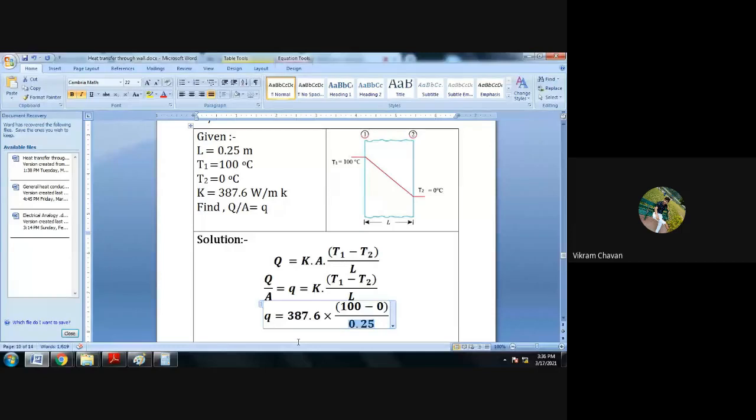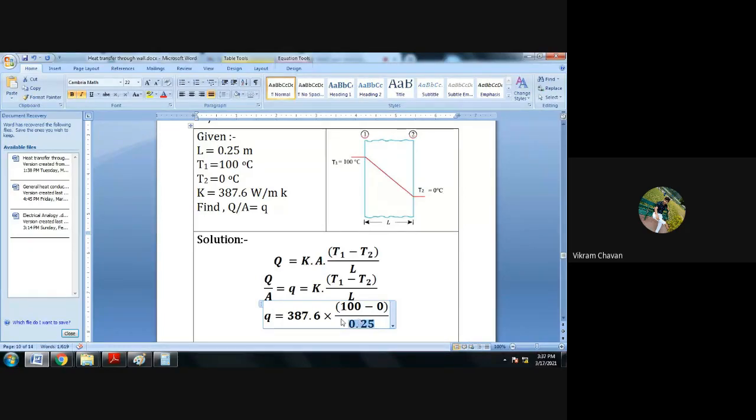You can put up your answers in the chat box also for the calculation. Okay, great. 155.04, into 10 raised to 3.